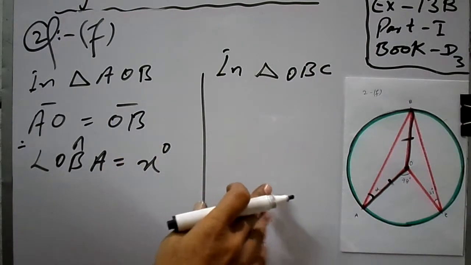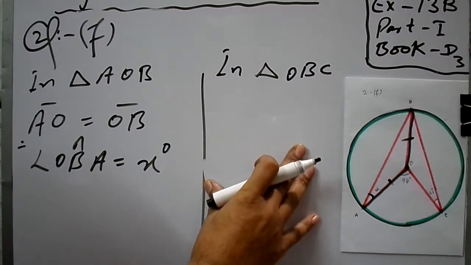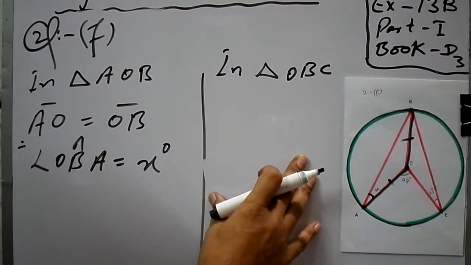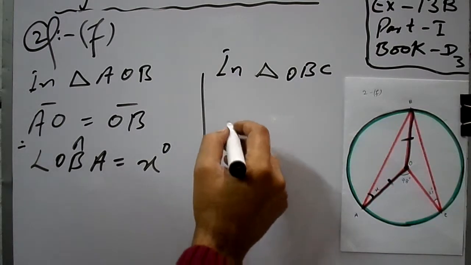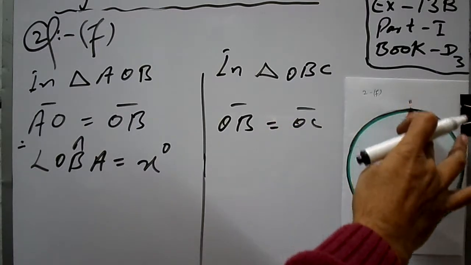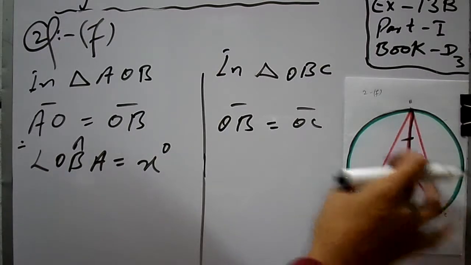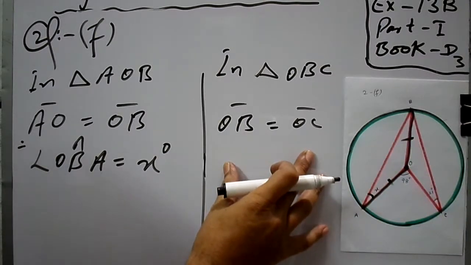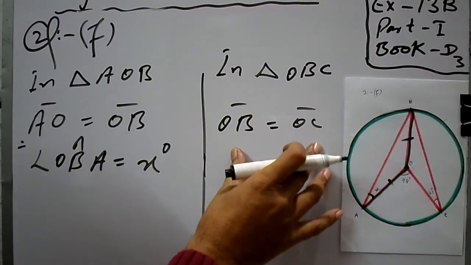Now coming to this triangle OBC. In this triangle, OB is equal to OC, radii of the same circle.